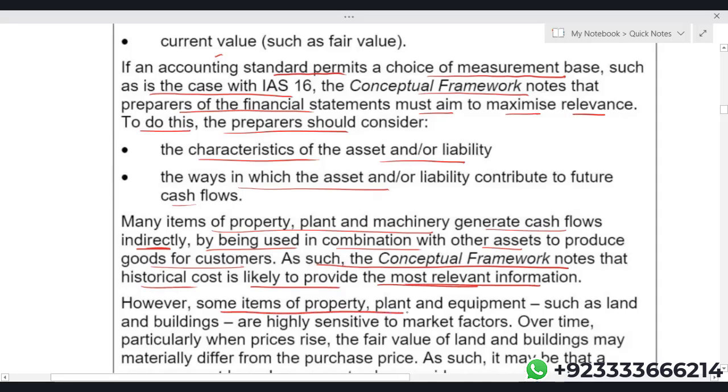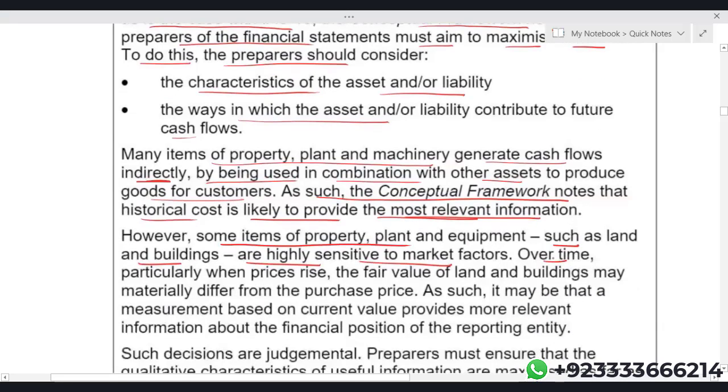However, some items of property, plant and equipment such as land and buildings are highly sensitive to market factors. Over time, particularly when prices rise, the fair value of land and buildings may materially differ from the purchase price. As such, it may be that a measurement based on current value provides more relevant information about the financial position of the reporting entity.